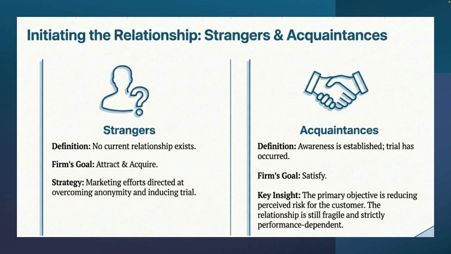We've got some awareness. Maybe they've tried something out. What we need to do is make sure we satisfy them. We want to reduce the risk for the customer. Something to think about in services marketing, because it's intangible, the risk is higher.